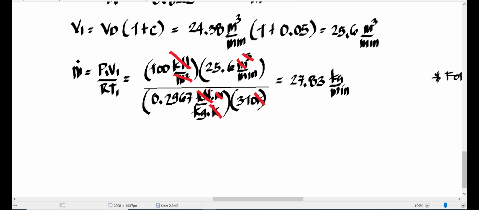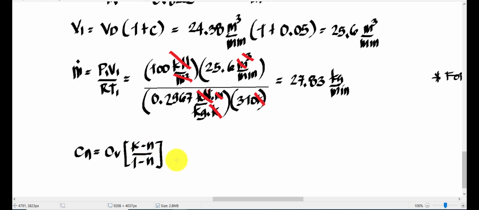Now, for the Cn, remembering that our Cn will be the equation: Cn equals Cv multiplied by the ratio of k minus n divided by 1 minus n.